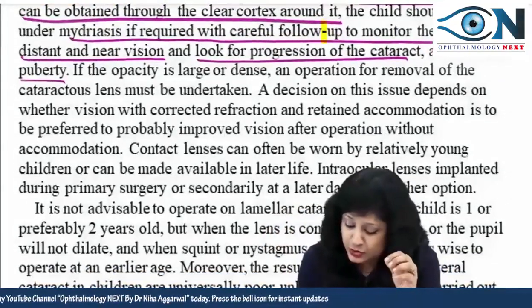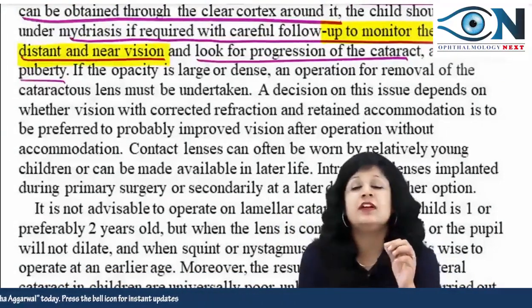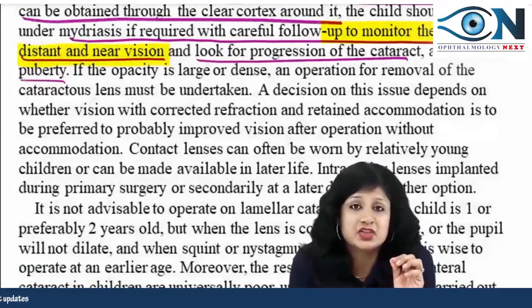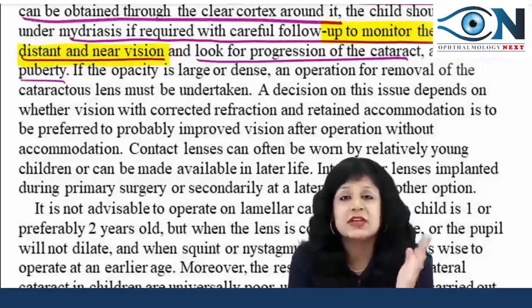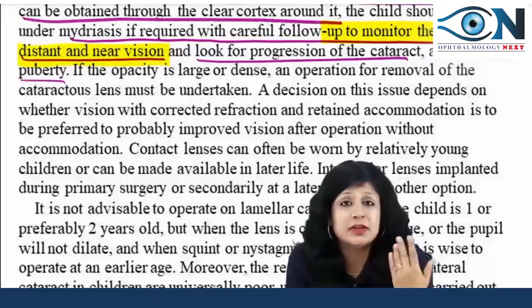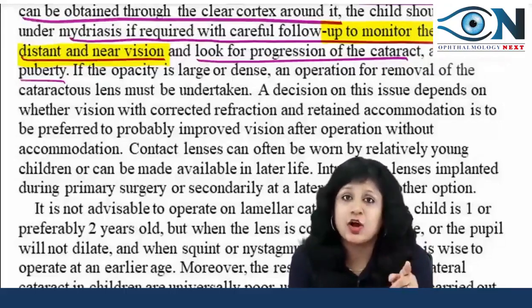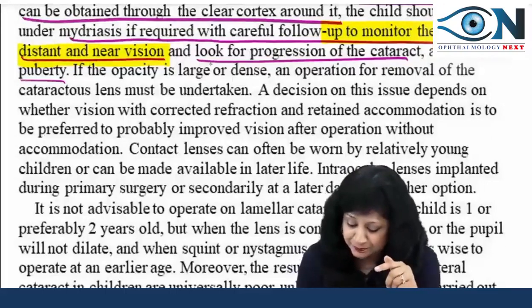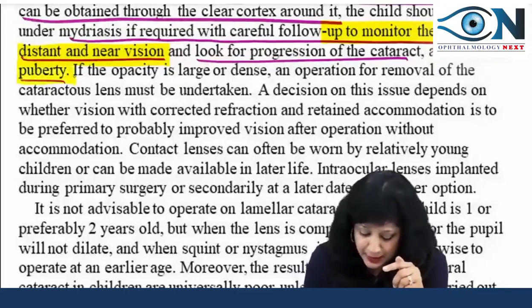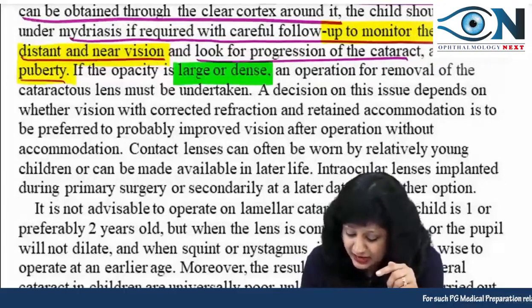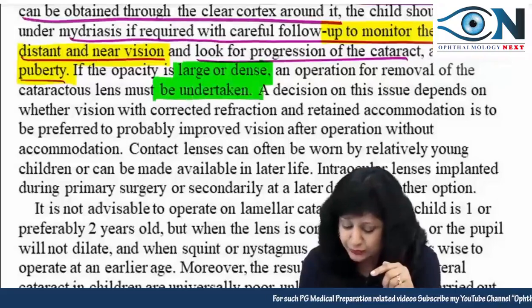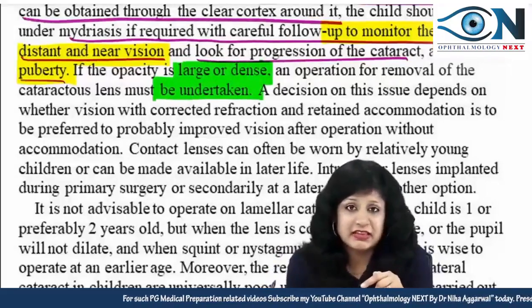And you have to continuously keep track of the visual acuity of that child, both the distance vision and the near vision. It should not be deteriorating, and a fair amount of vision should be there from the clear cortex. You can continue it till puberty. But obviously if it is large or if it is dense, you have to undertake the surgery there and then.